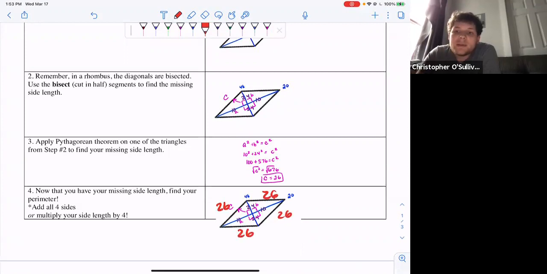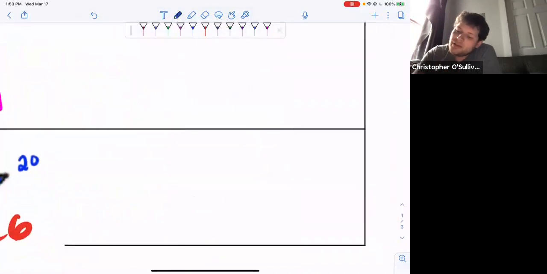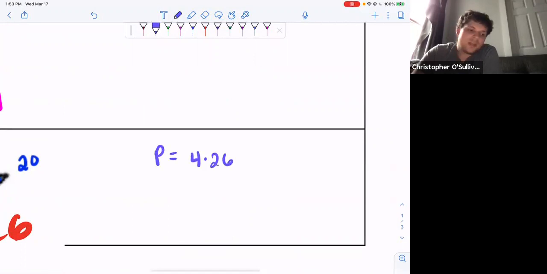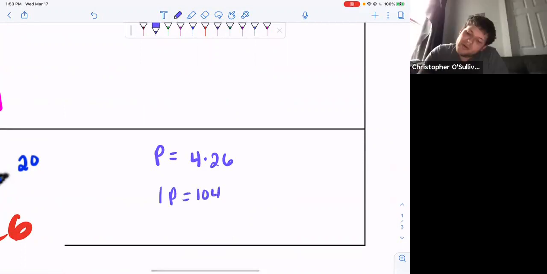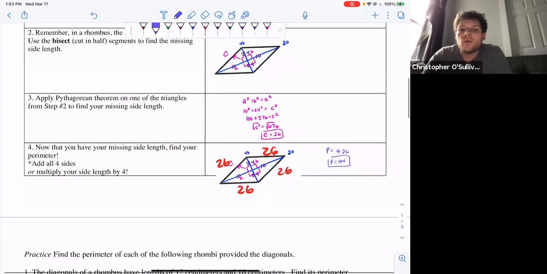I can do 26 times 4, 26 plus 26, etc. I'm just going to do 4 times 26. It's much easier. Perimeter equals 4 times 26. And 4 times 26 is 104. So my perimeter of this rhombus is 104.